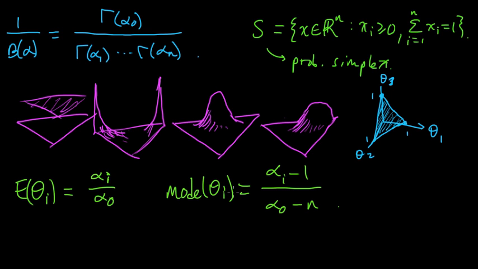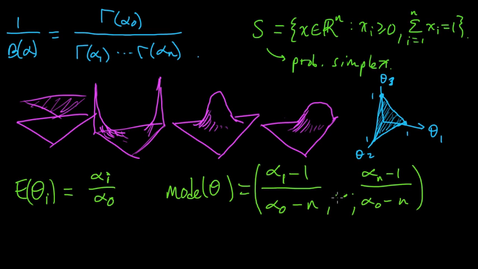To be more precise, the mode of this distribution is the vector alpha 1 minus 1 over alpha 0 minus n, the same thing with alpha 2, up to alpha n minus 1 divided by alpha 0 minus n.